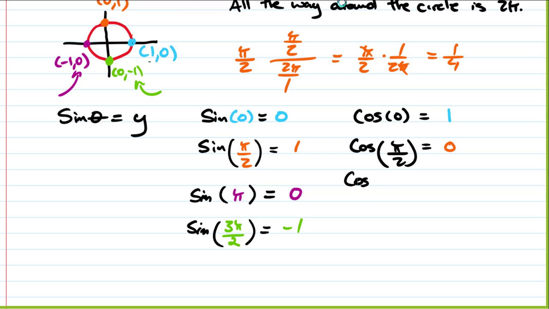The cosine of pi is going to be the x-coordinate halfway around the circle. So that's going to be negative 1. And then lastly, if we did the cosine of 3 pi over 2, well, that's 3/4 of the way around the circle. That's here in green. And our x-coordinate in green is 0.